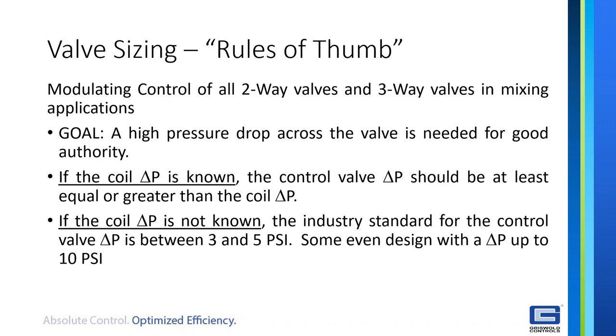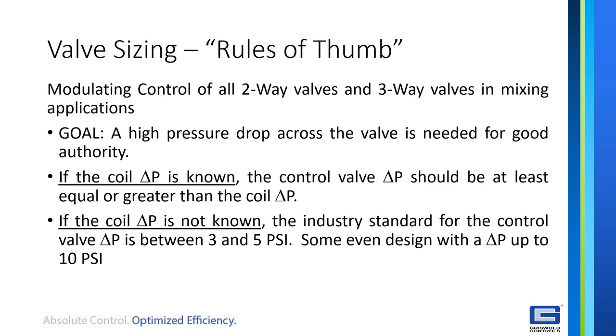So you have two things that you could do. If you know the coil delta P, which oftentimes is on the schedule, you can pick a control valve that's at least equal or greater than the coil. Because if you're greater than the coil, then that means at reduced load, as your valve is modulating closed, it's going to have more pressure drop, and so it will have authority and control higher than the coil would.